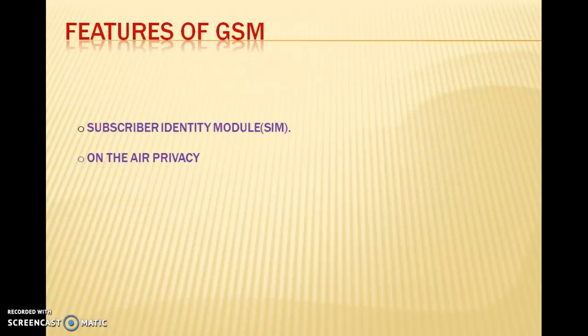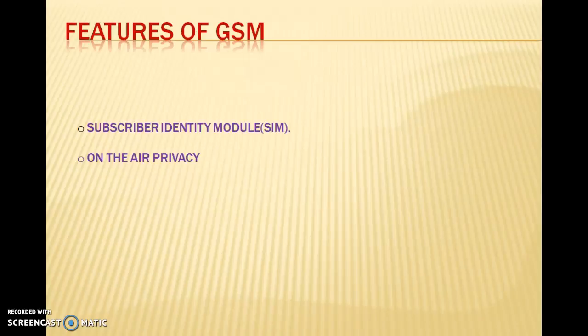From the user's point of view, the most remarkable feature of GSM is the SIM. What is that? It is the subscriber identity module. That is a memory device that stores information such as the subscriber's identification, the network and countries where the subscriber is entitled to service, privacy keys and other user specific information.